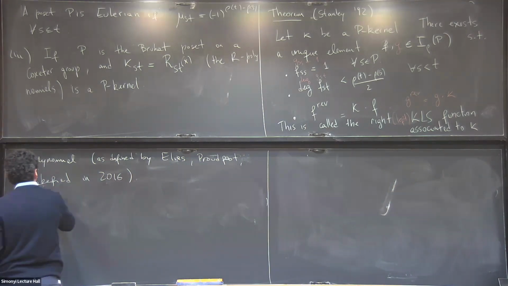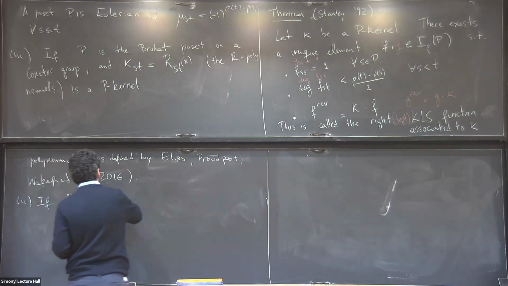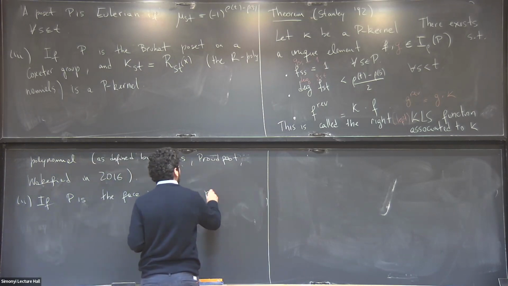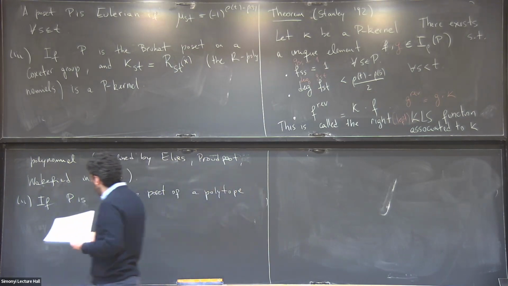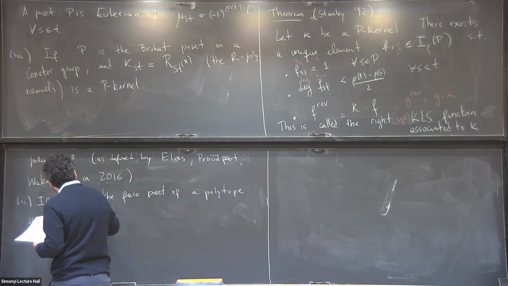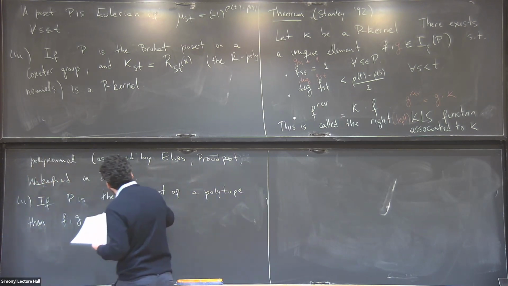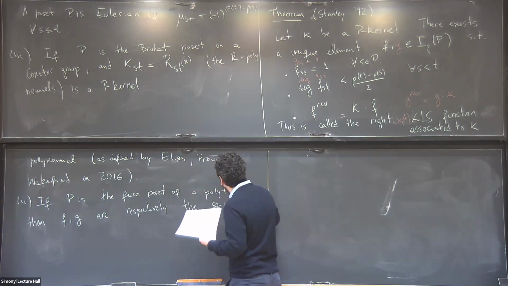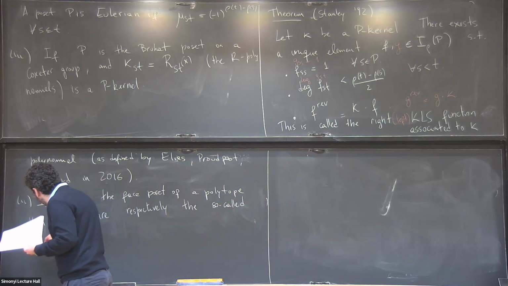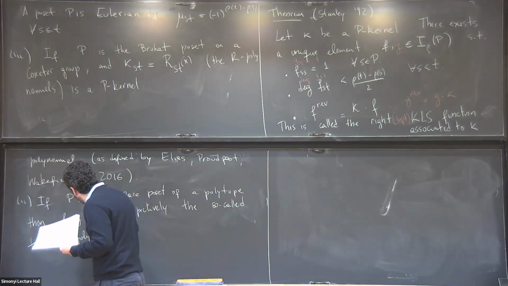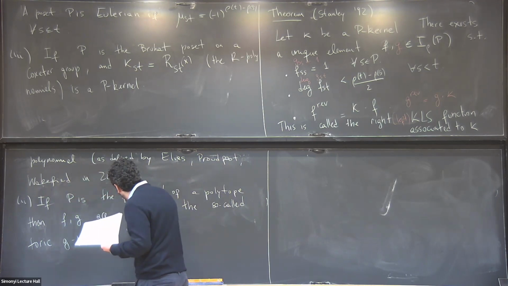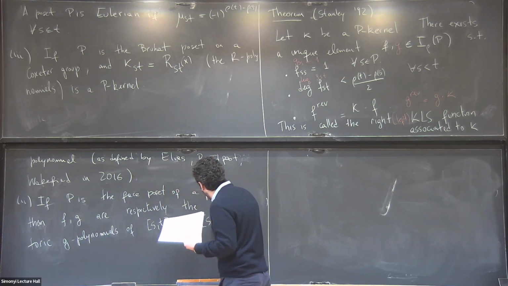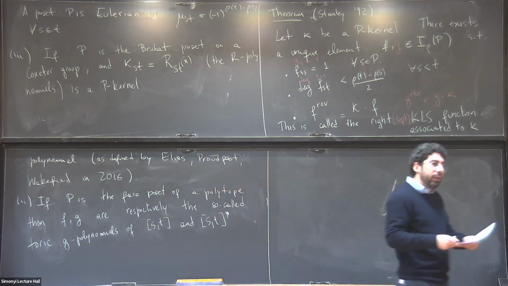So if P is the face poset of a polytope, then F and G are, respectively, the so-called toric g polynomials of P and P dual.